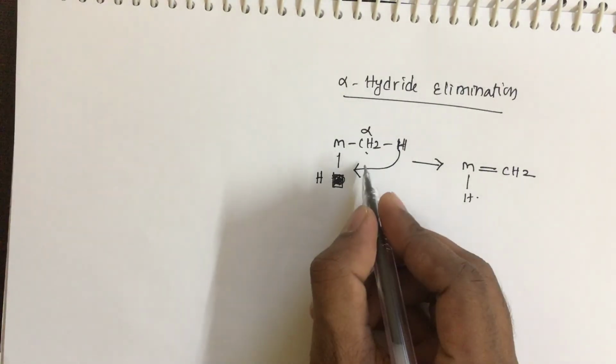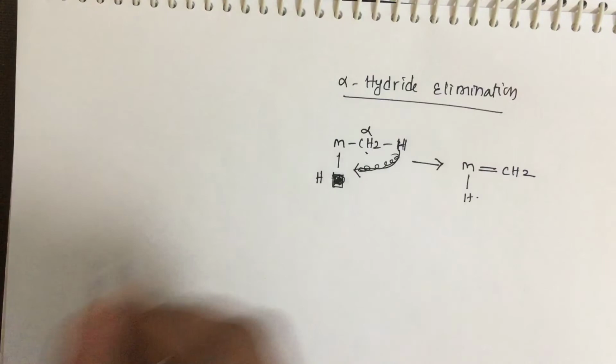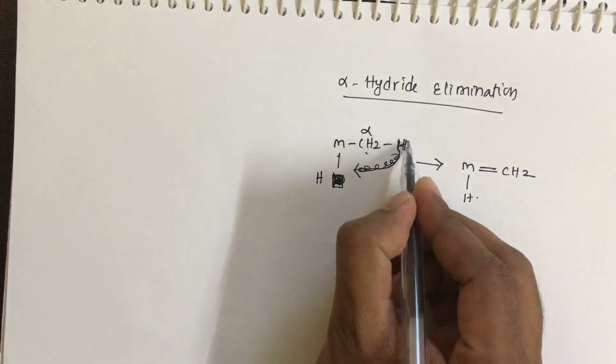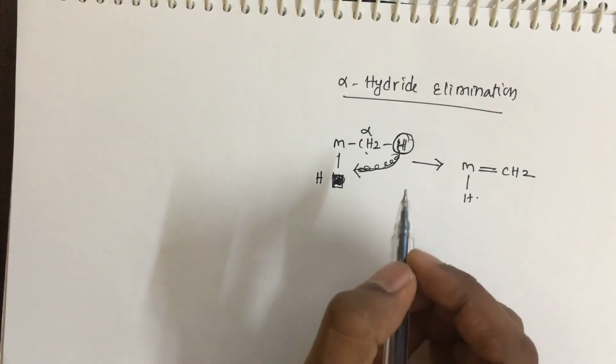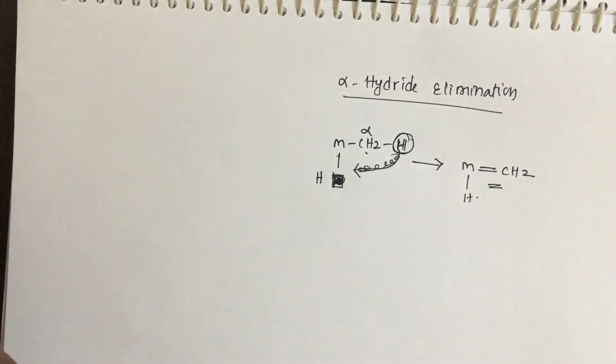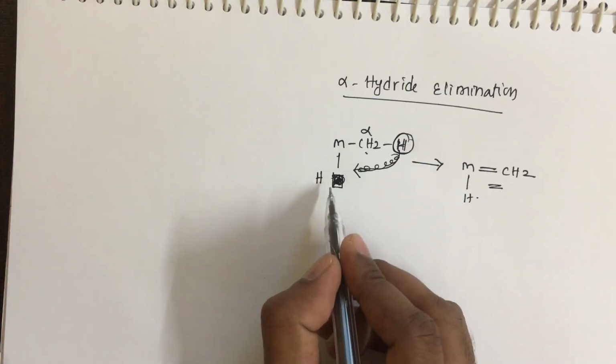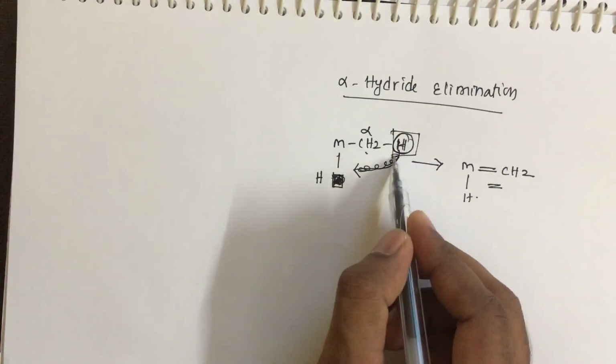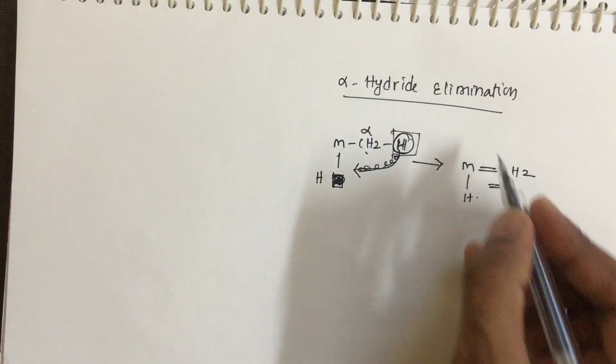So alpha hydride elimination means this alpha hydrogen gets eliminated, and because of that we get a carbene. I just made a mistake, this is hydrogen, not a vacant site.